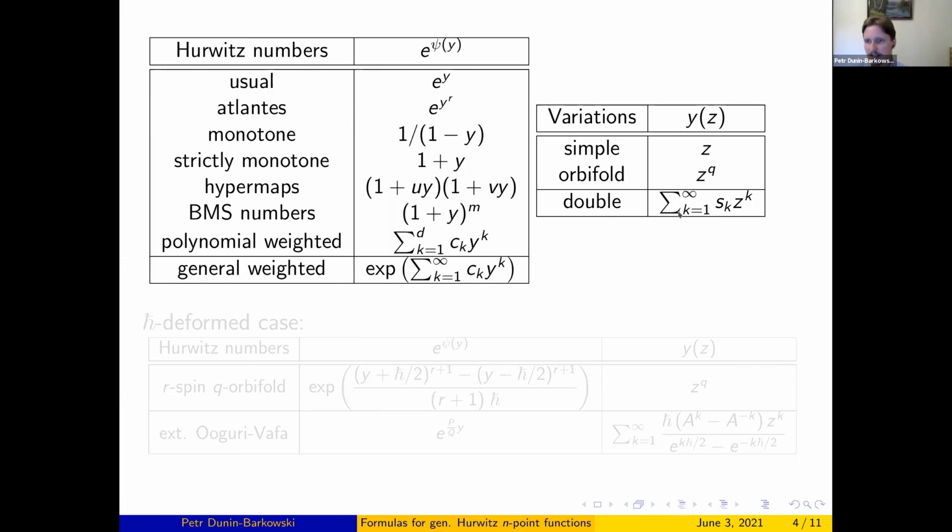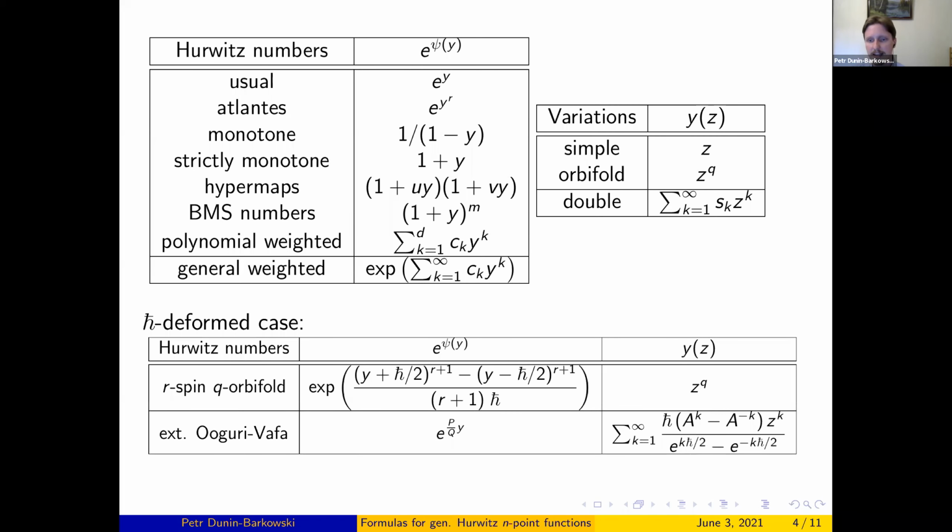But also you can consider the most general situation when you just have some formal power series. Also, we can consider what we call the h-deformed case. On the previous slide, I said that the coefficients of our psi and y were just numbers, but you can consider them as formal power series in h bar, or more specifically in h bar squared. Our main theorem will work for the h-bar deformed case similarly well.